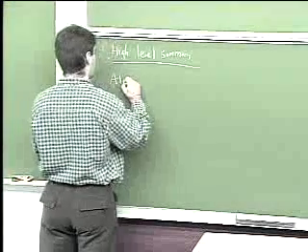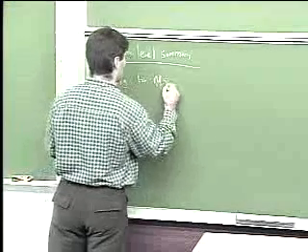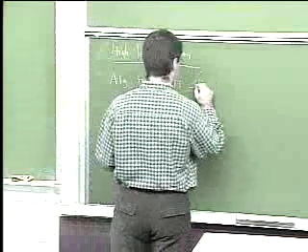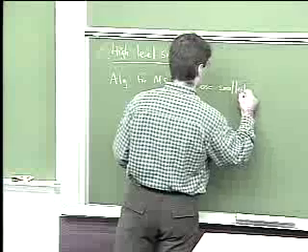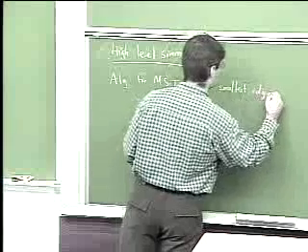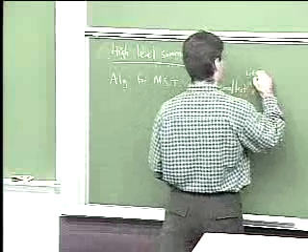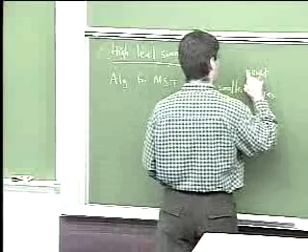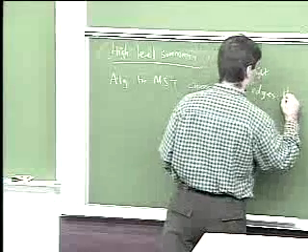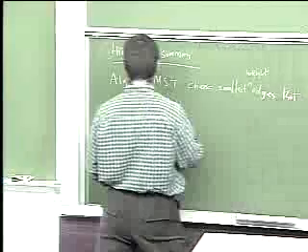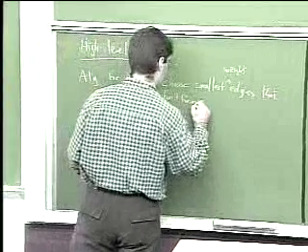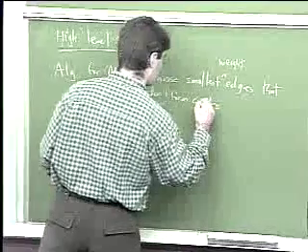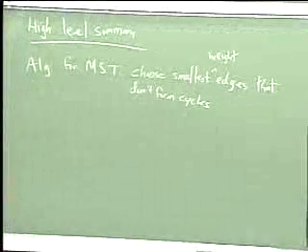We had an algorithm for MST, which was choose smallest weight edges that don't form cycles. Right? You do that, that builds a minimum spanning tree.